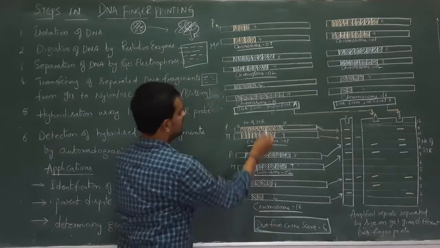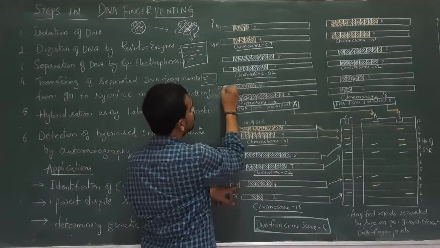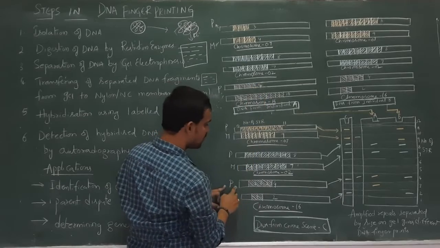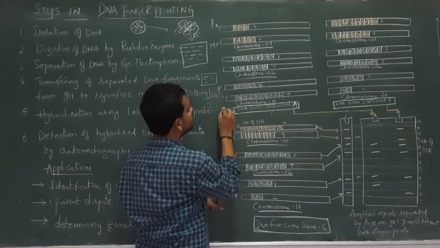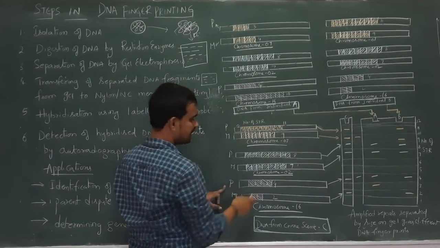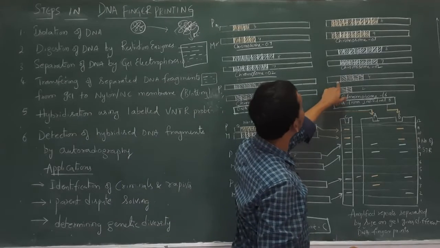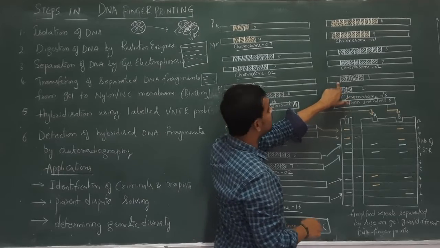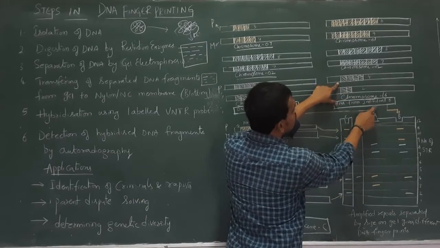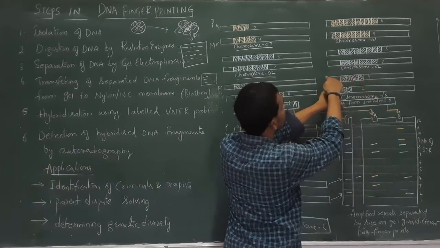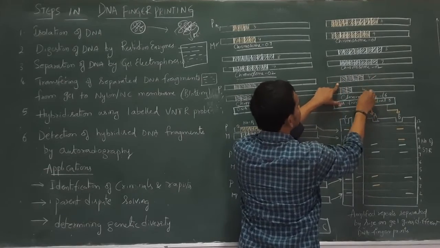Why? Here the paternal chromosome contains 4, and here also the paternal chromosome contains 4, but the maternal chromosome contains 10 here, and here 2. It is not matched. Now we will see the number of tandem repeats present in chromosome 16 of individual B: the paternal chromosome has 4, the maternal chromosome has 2.